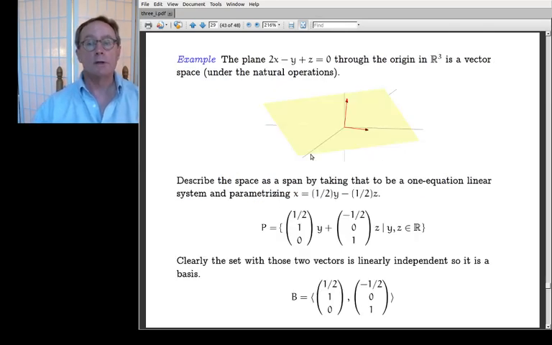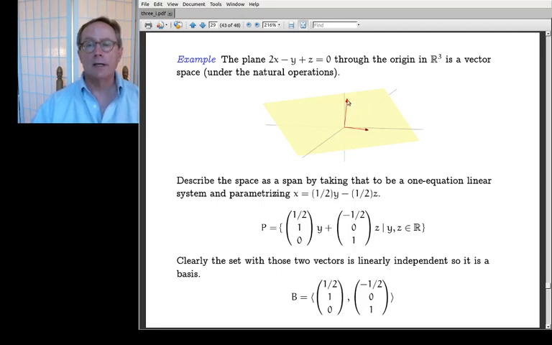Okay, so I'm going to look here at a two-dimensional space, the plane 2x minus y plus z equals 0 in R3. And based on the drawings that I drew at the beginning of this video, you can see why I got the computer to draw the plane for me. That area is the plane 2x minus y plus z equals 0, and those are two vectors in the plane, and based on this parameterization down here, the vectors are (1/2, 1, 0) and (-1/2, 0, 1).